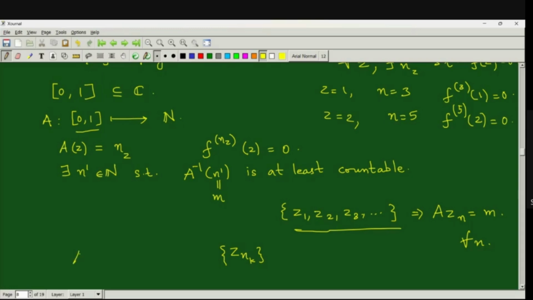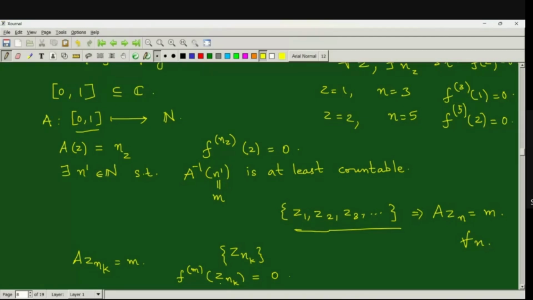Now what is the property of z_nk? The m-th derivative of f acting upon z_nk is going to be 0.